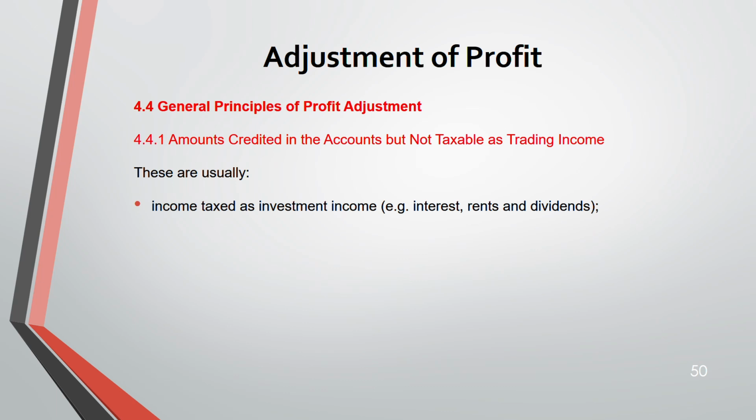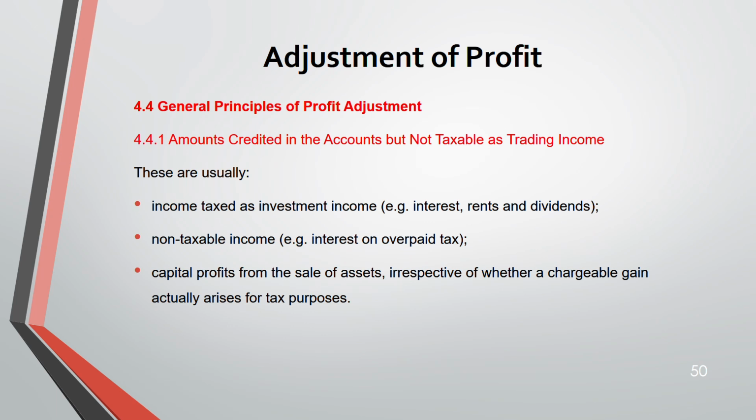Income taxed as investment income: if you are receiving income in the form of interest, rent or dividend, they are not trading income. They are your investment income. We have covered this investment income in the previous lecture. Now, non-taxable income: if you are receiving interest on overpaid tax, remember it is exempt from tax, so it's not taxable. If you have taken it as taxable income, you have to take it out.